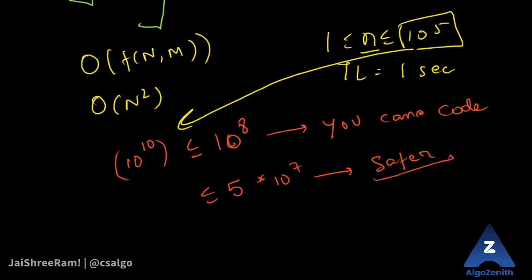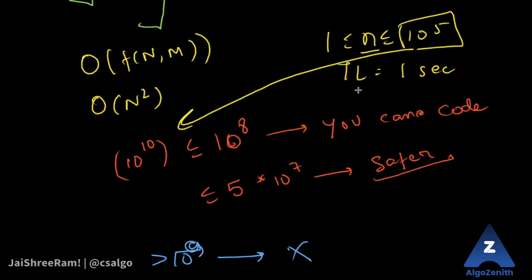But if you go beyond 10 to the power 9, so if after putting the value you get something greater than or equal to 10 to the power 9, it will not pass. Mostly it will not pass. So 1 second can handle something of order 10 to the power 9 instructions, and in most of the cases you cannot pass. Why do we take these numbers even though it can handle 10 to the power 9?